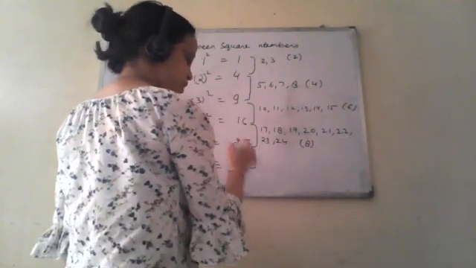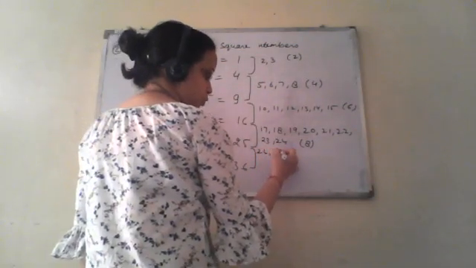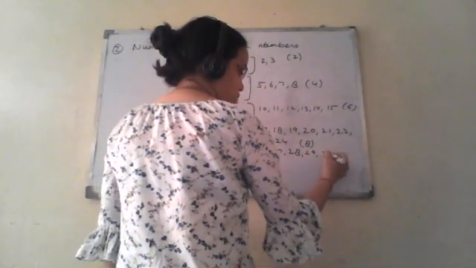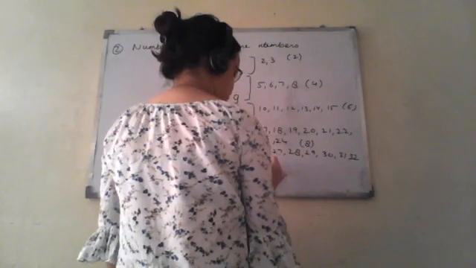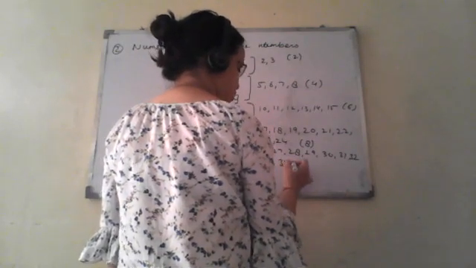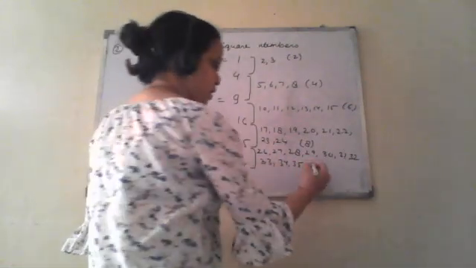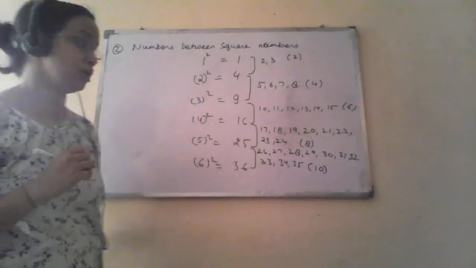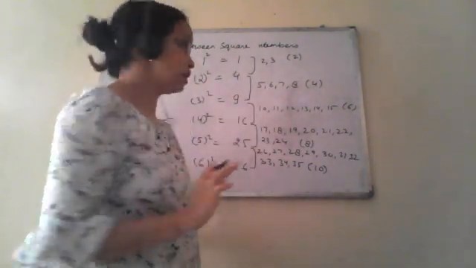Between 25 and 36 we have 26, 27, 28, 29, 30, 31, 32, 33, 34, 35. So there are 10 non-square numbers. Now see what I am trying to convey between two perfect squares.